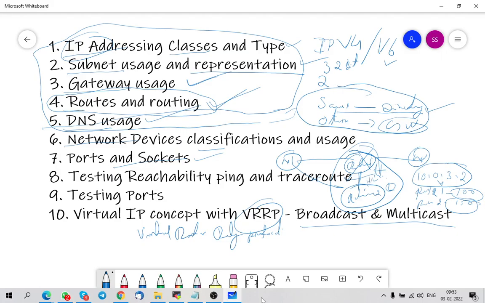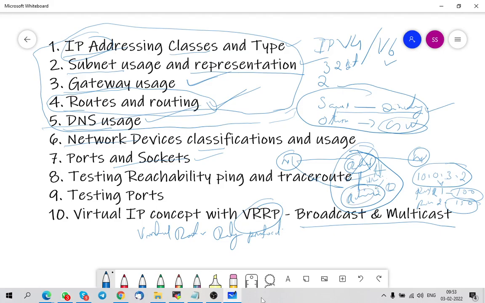Whenever it is not getting this multicast message, it will immediately identify that oh yes, the higher one is not there, so I have to take that responsibility. So then it will configure that virtual IP under this. So like that the virtual IP will keep shifting.